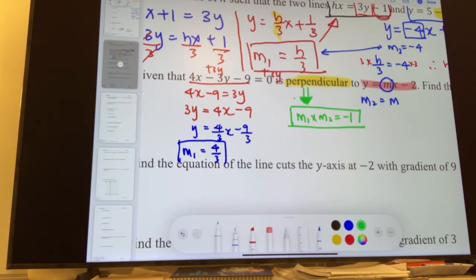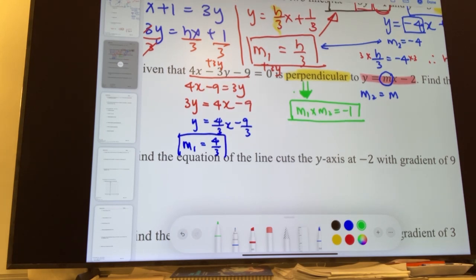So we have our M1, we just replace it. Replace this M1 into here and replace the M2 into there. So that means you have 4/3 times M equal to -1. To make M the subject, I can times both sides of the equation by 3 and 4, yep, so they cross out.